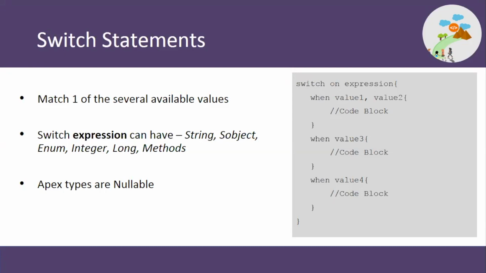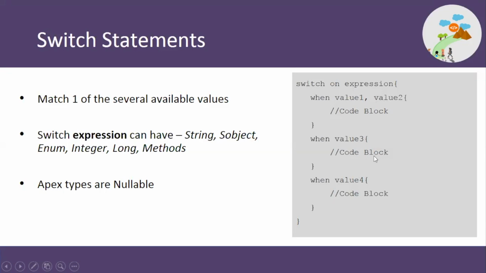I would not say limitations, but there are operating boundaries on what I can include as an expression for a switch statement. Then the matching value: when that expression is evaluated, the output matches a particular value, and based on that, a particular block is executed. And the third is, of course, the execution code block.